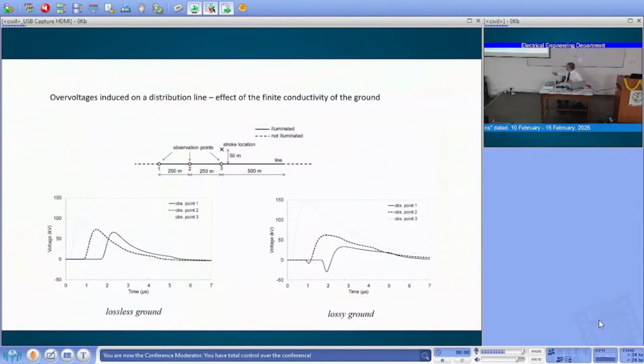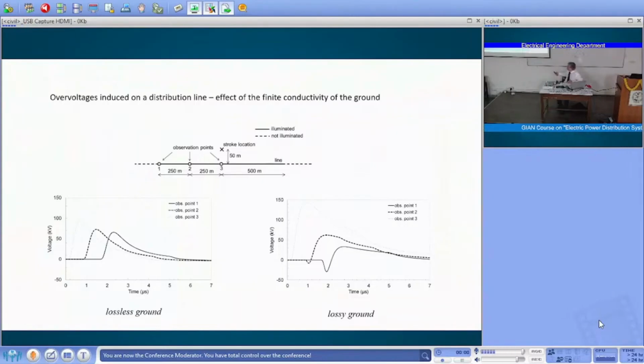This is the case for the lossless ground, so with very high conductivity. And this is the same calculation for the same event with the same characteristic of the current in the lightning channel, but with a lossy ground. So it is 10 millisiemens per meter, so this is lossy.